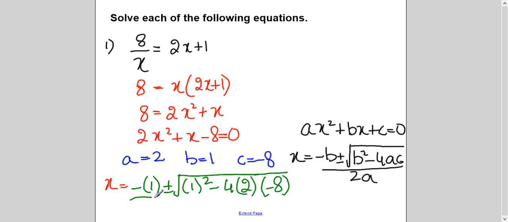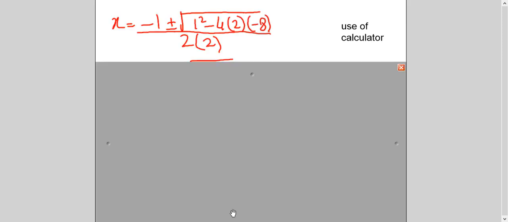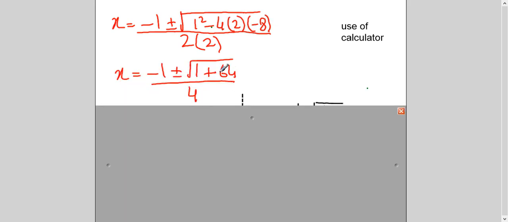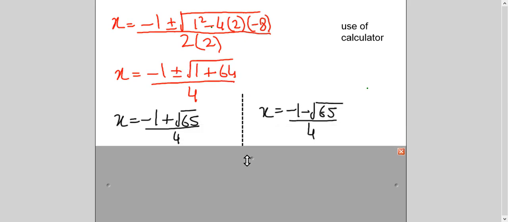And then this whole thing is divided by 2a, and a is 2. After that, you will simply solve it, right? Inside the bracket, it will be minus minus plus. 4 2s are 8, 8 8s are 64. So you can see here, 64 plus 1 is 65. So you will solve it one time with plus root 65 and one time with minus root 65, divided by 4.